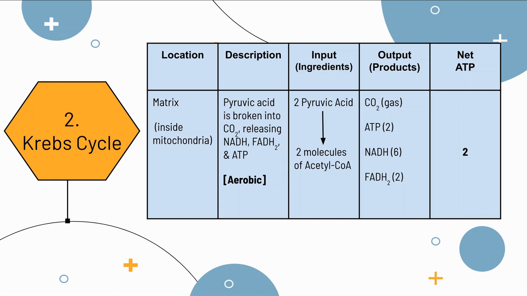It is transformed into acetyl CoA, which enters the Krebs cycle. The result of the Krebs cycle is the production of two ATP molecules, six NADH molecules, and two FADH2 molecules. Our net production of ATP are two molecules of ATP.